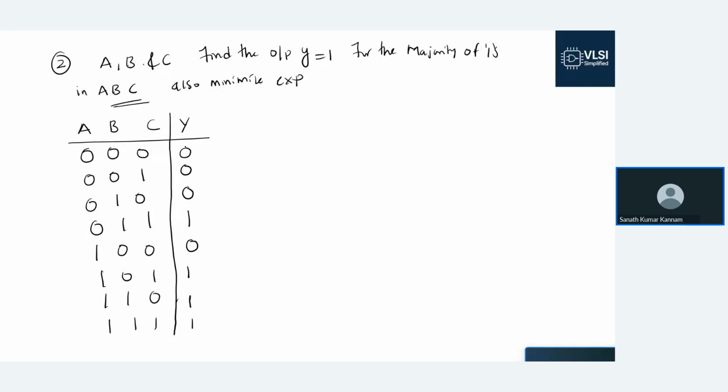Output is 0. Okay. So that means I can write the expression. This is nothing but A bar BC.